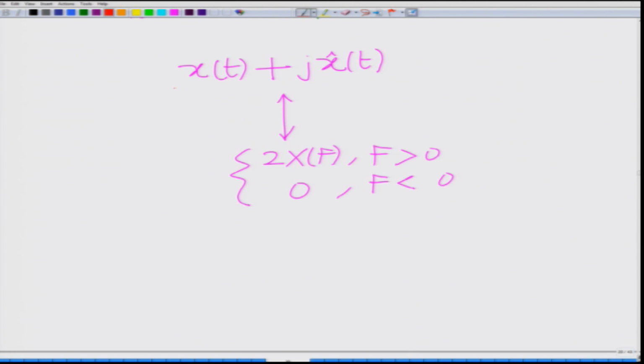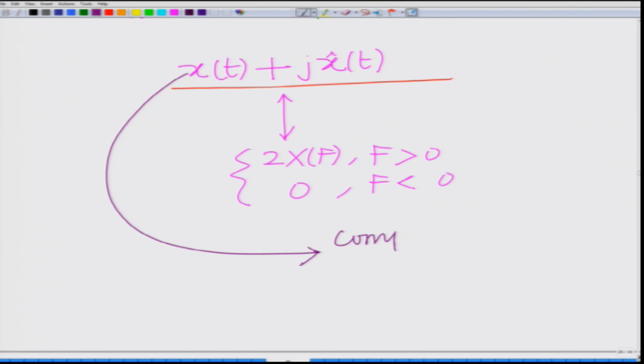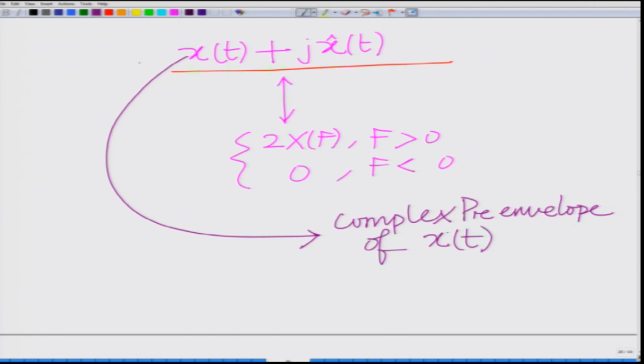This signal is termed as the complex pre-envelope of x t.